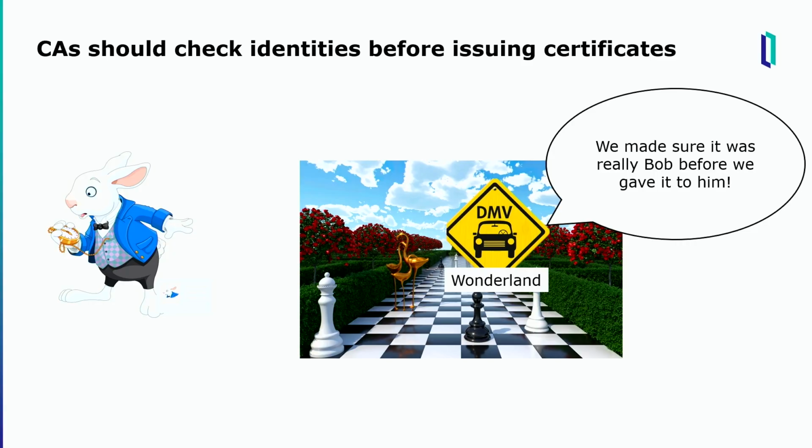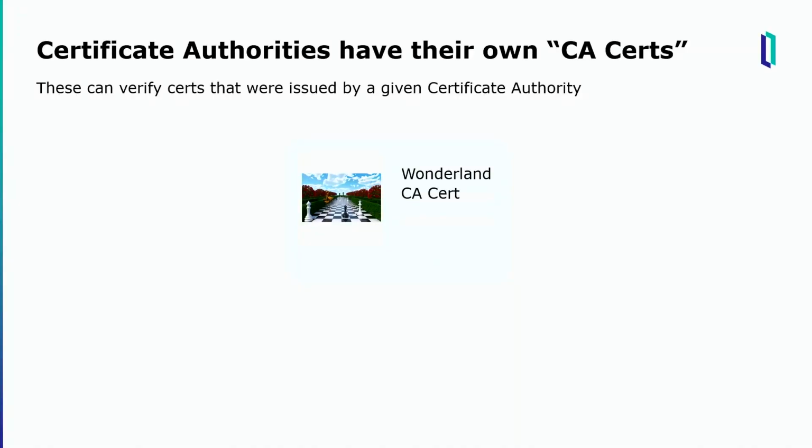And just like DMVs or passport offices, when a certificate authority issues a certificate, they're supposed to check that the party requesting the certificate is indeed who they say they are. Certificate authorities also have their own certificates, referred to as CA certificates.